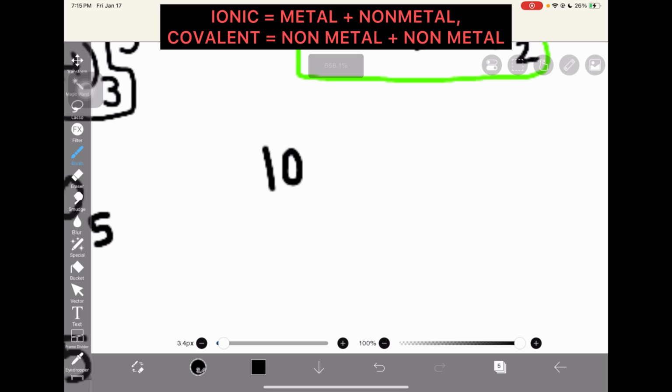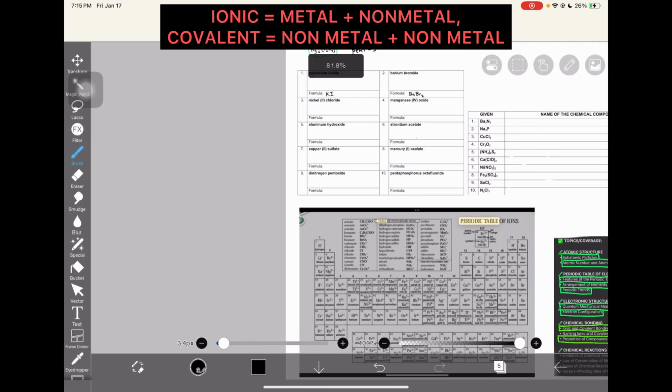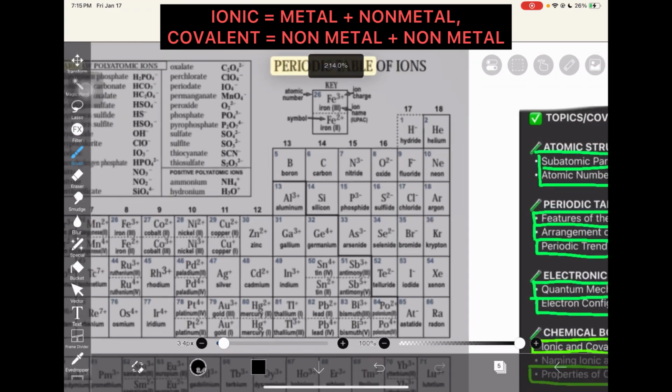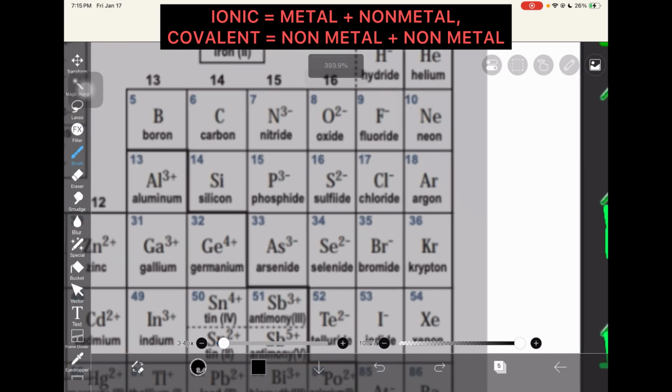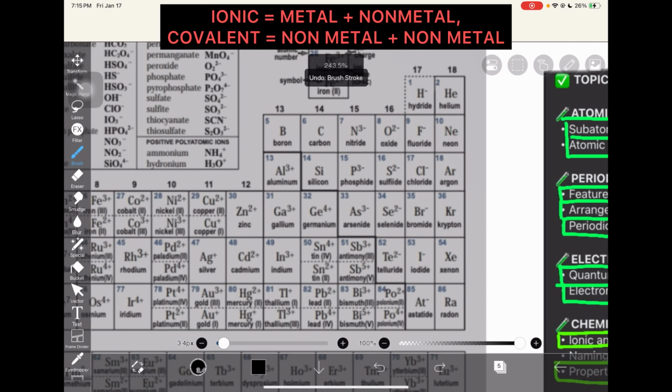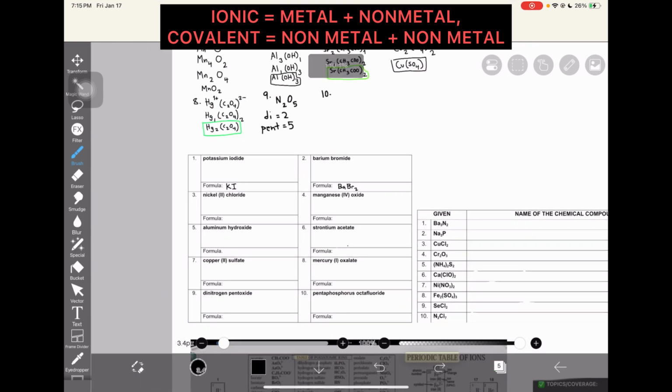Last but not the least, number 10, we got pentaphosphorus octafluoride. So phosphorus and fluorine, both non-metals, and therefore it's also a covalent bond.